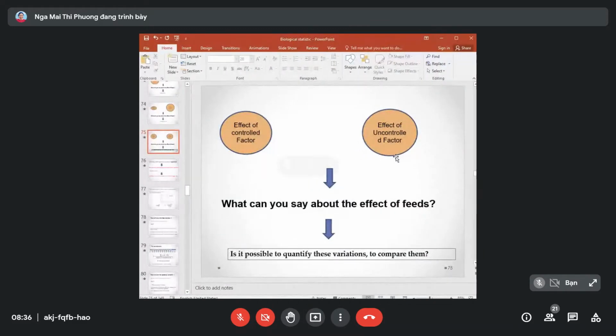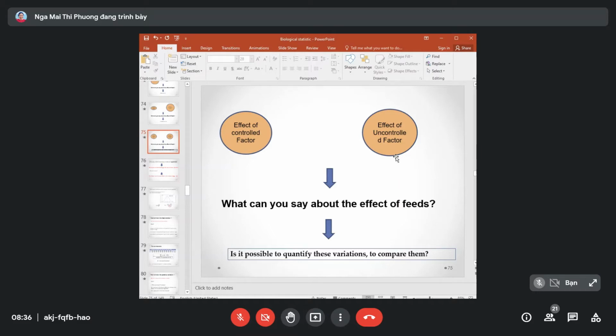In the example I gave you before, we have 12 or 10 chickens. Actually, at the beginning, they would have more than 12 chickens for each kind of feed. Remember, we have three kinds of feed: feed A, feed B, and feed C. So they designed the experiment with more than 12 chickens for each feed type.